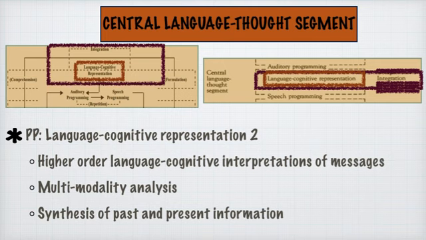You integrate past and present information, and go beyond the literal meanings, like detecting sarcasm, or detecting what the intention really is. Is she lying to me, or like reading the way she moves, things like that. These things happen in the integration part.